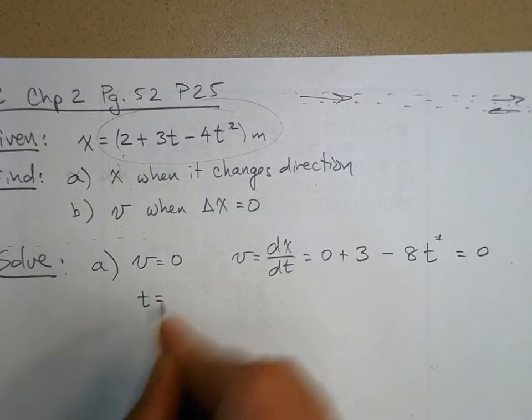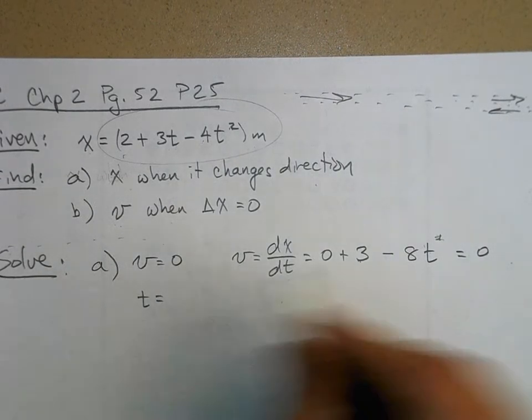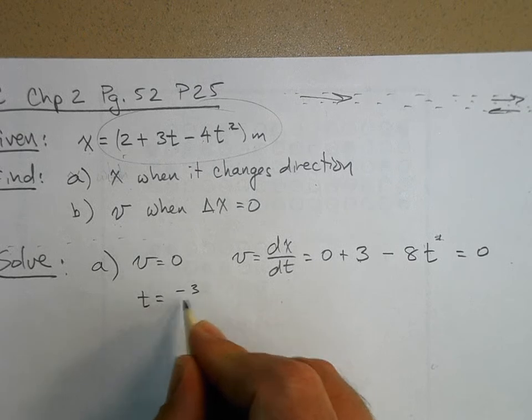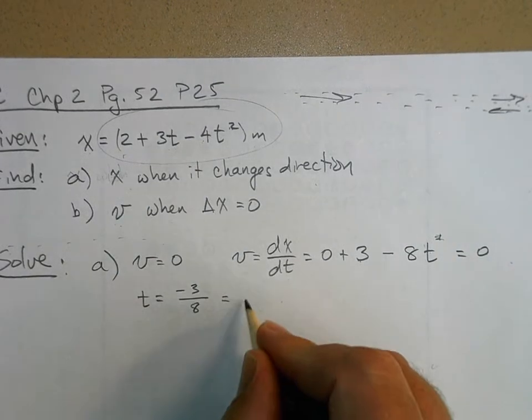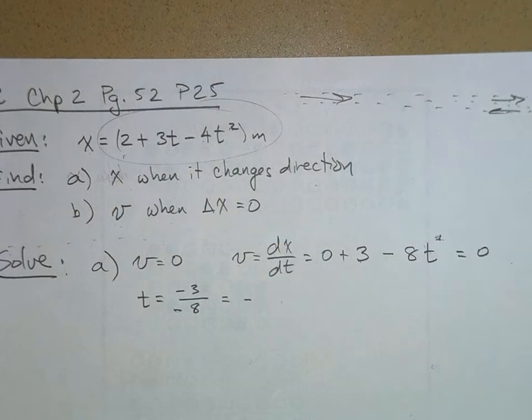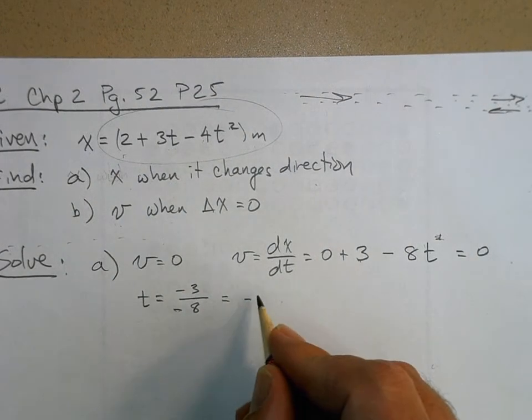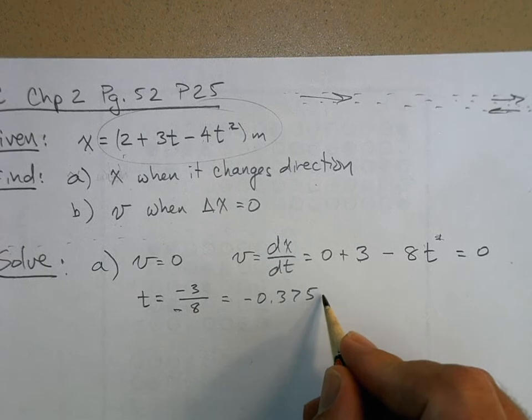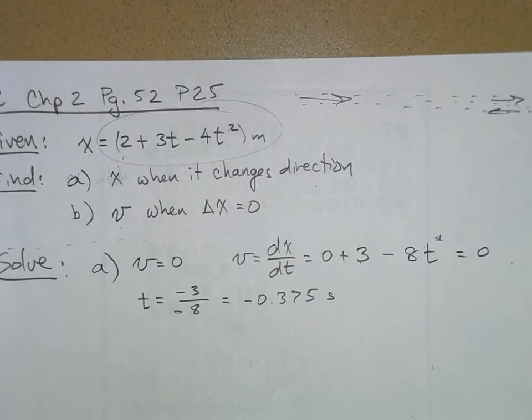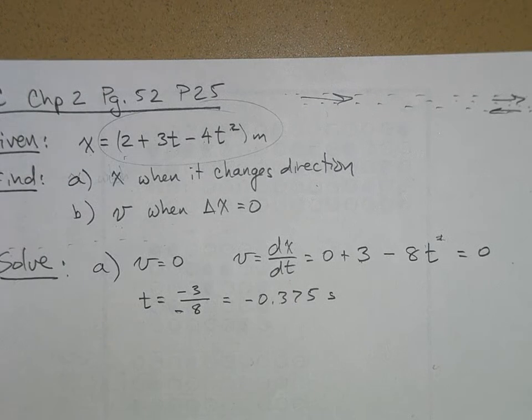So we get t is equal to negative 3 over negative 8, and this is equal to 0.375 seconds. Now, you might want to think about units here. Is that right? The negative in front, you need to... Oh, yeah, plus. We're going forward in time here.